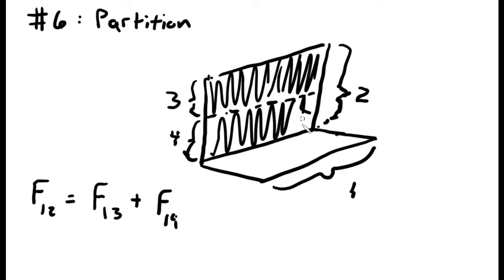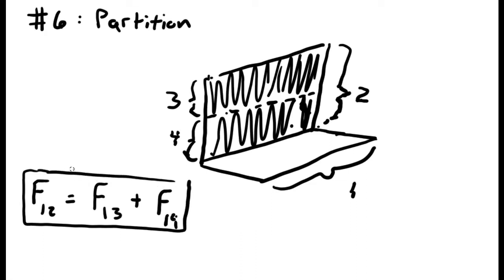Because when you add those together, you get surface 2. So the amount of heat leaving 1 that hits 3 and 4 must be the same as the amount hitting 2. Again, seems kind of like a duh, but it's also nonetheless true, so I'm telling you. So that's the partition rule, and that is the last of the rules that I'm going over today.